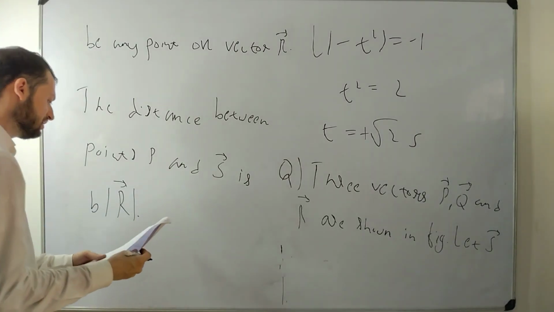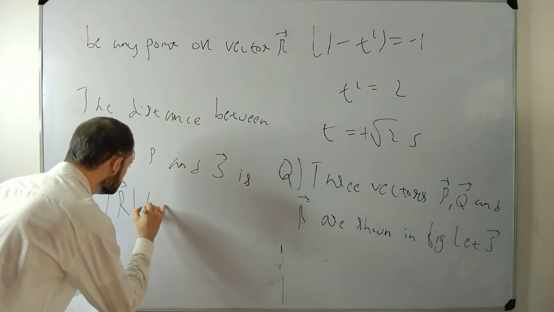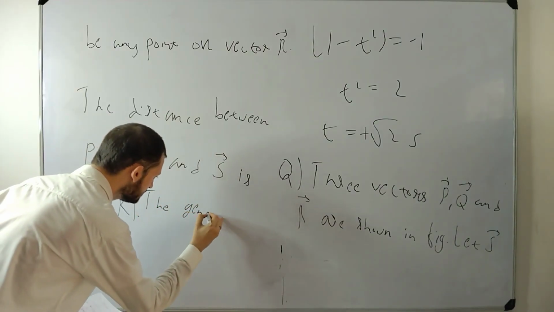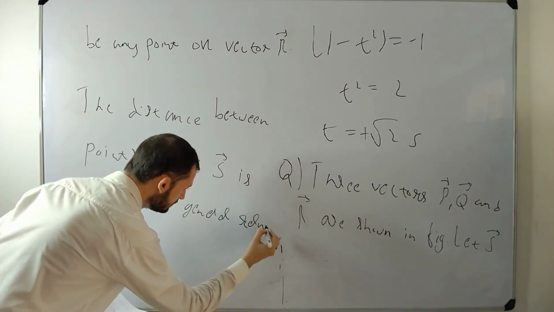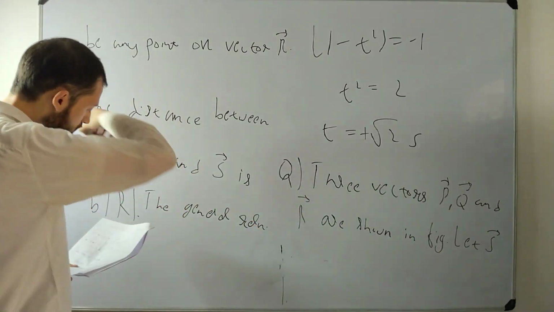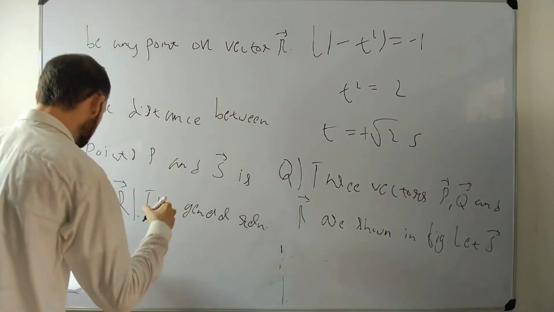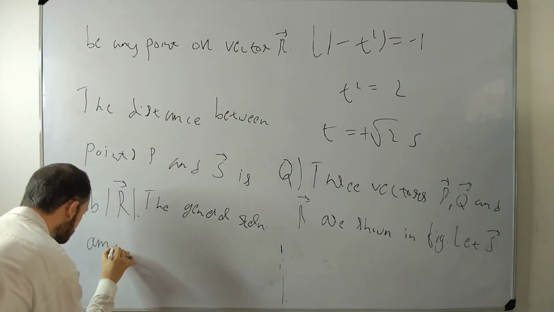The general relation, yes, we are understanding. It is not beautiful. It is tough. The general relation among vectors.